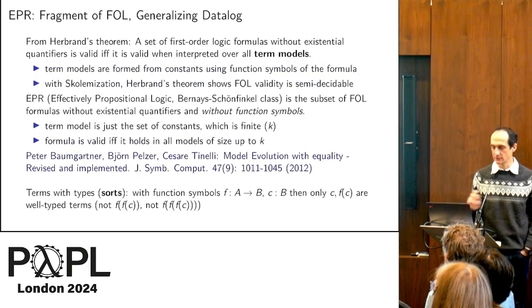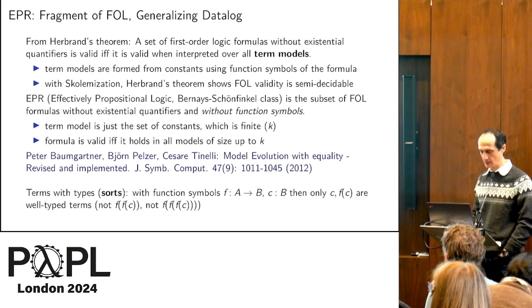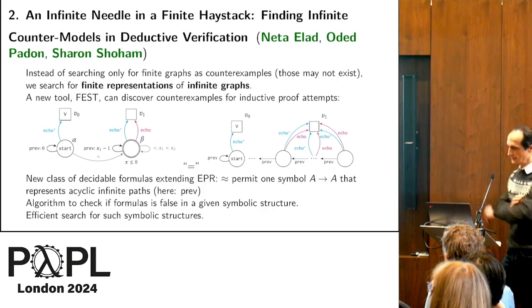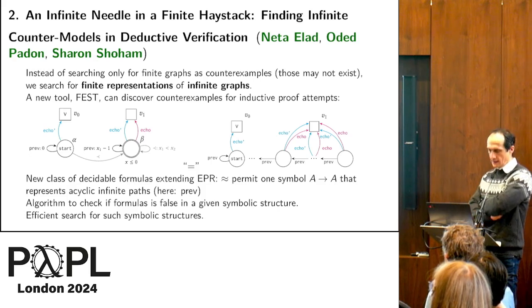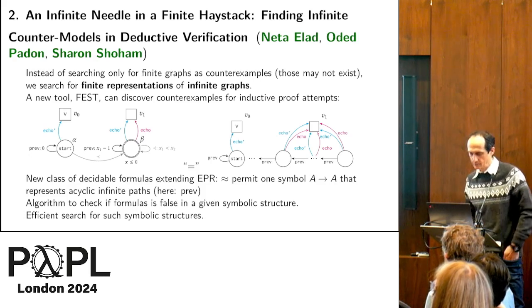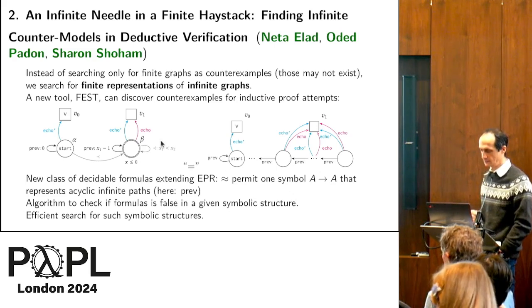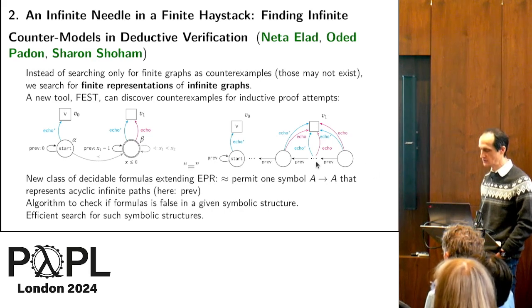And so to another paper, and this is what this second paper addresses, the infinite needle in a finite haystack. And this is a distinguished paper as well. And here the idea is that we are searching for representations of these infinite models. So here's an example representation. It is, as you can see, a finite graph, but you can define its expansion, which is an infinite structure in this case.